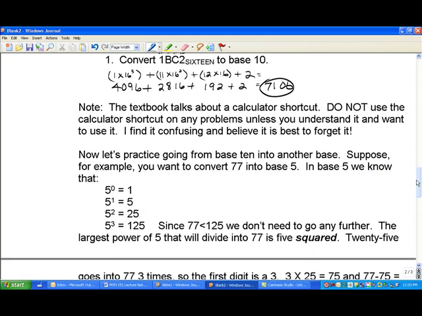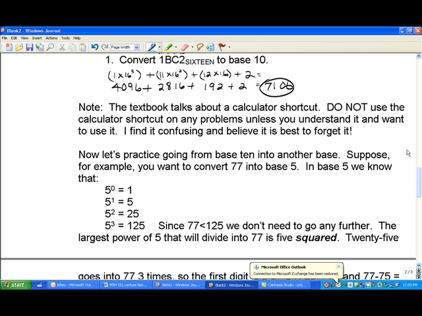Now, at one time the textbook talked about a calculator shortcut. I would recommend that you not use the calculator shortcut, okay, because I find it's confusing, and usually whatever's confusing for me is more confusing for students.